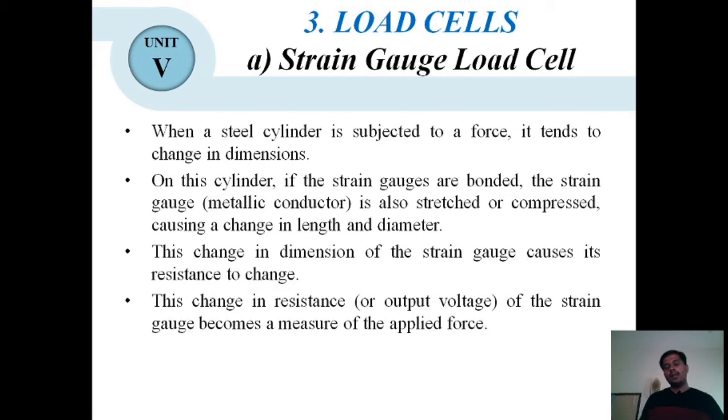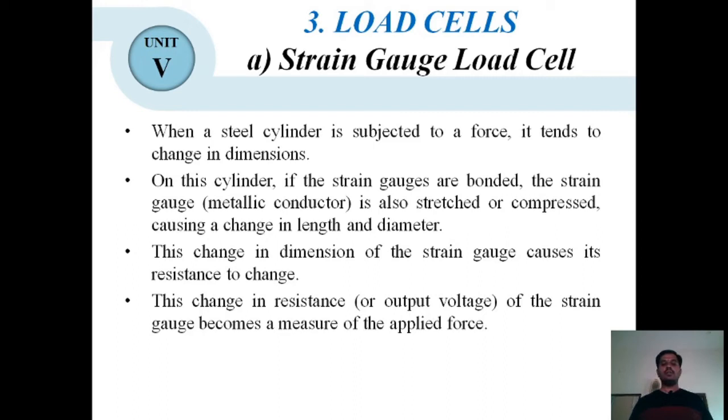Here, the name itself says that we are using the principle of strain gauges. It will have a cylinder. When a cylinder is subjected to a force, it tends to change in dimension. If we apply a force on any object, it will try to change its dimensions.